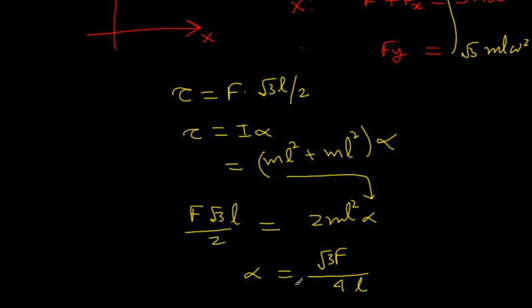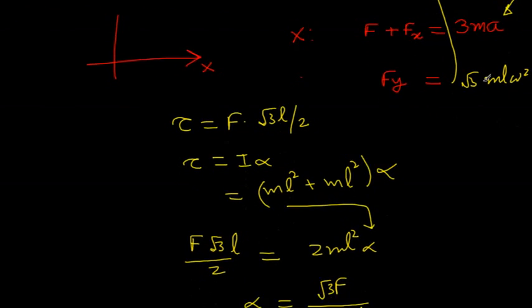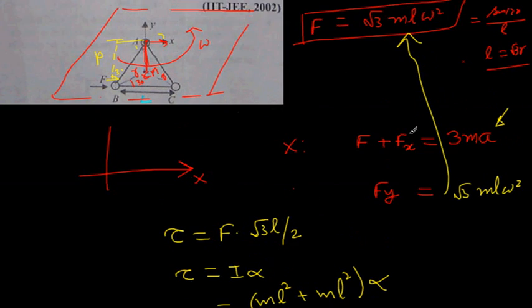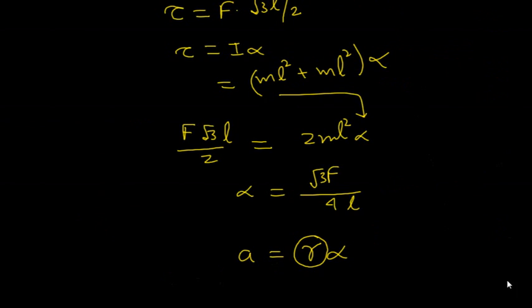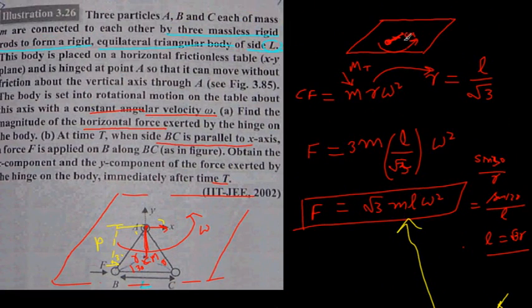Now we need to find out a. a is equal to R alpha, some distance times alpha, right? What is the value of R in this case? Because Fx is equal to 3ma, this R should be the radius of gyration, means this distance, L by root 3.